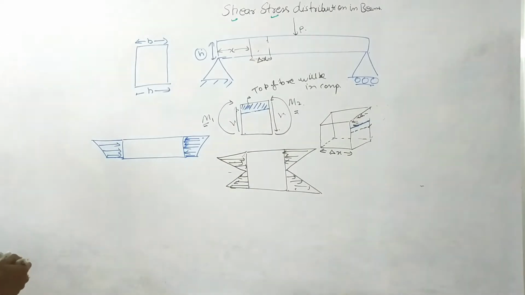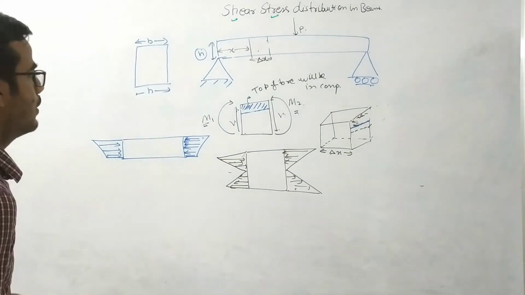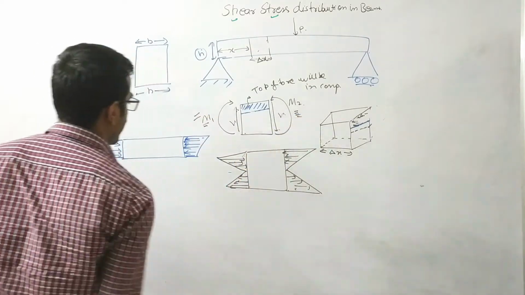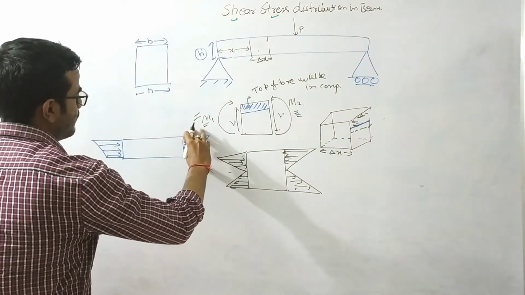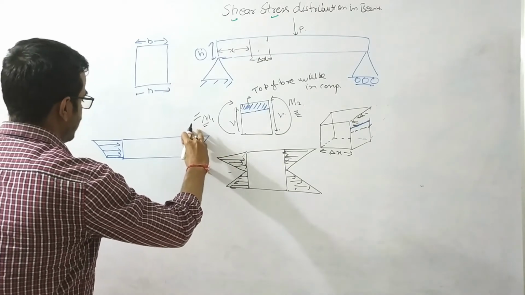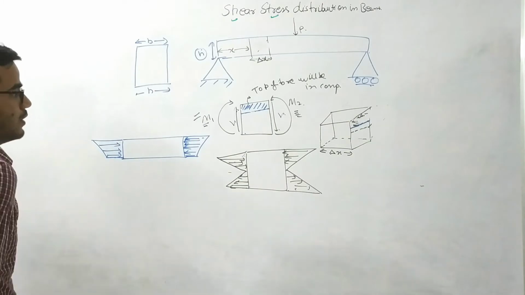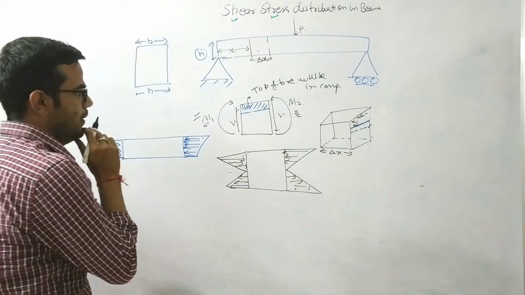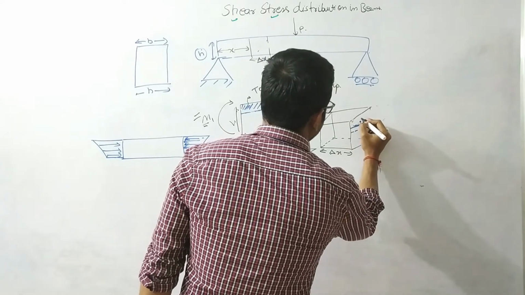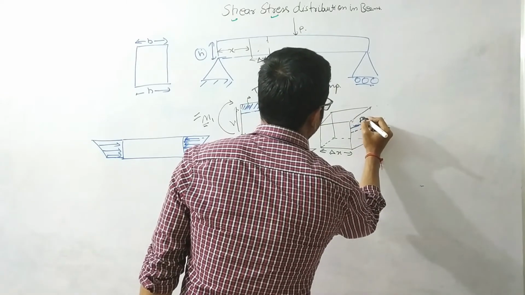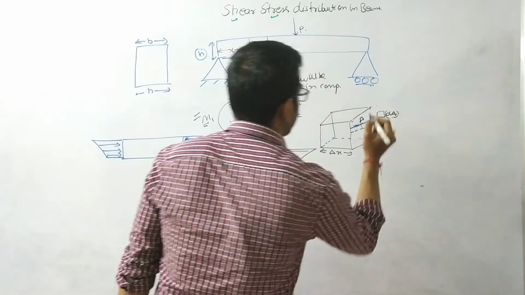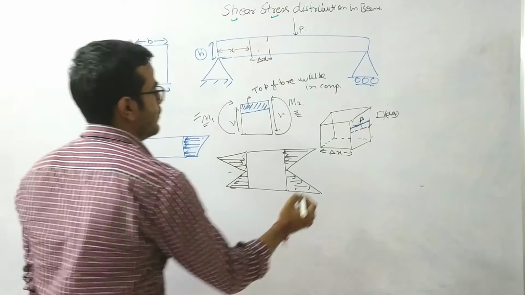I know that M1 is less than M2, so the force component of this stress will be more than this one. Now, at this cross section, at a distance of y, I'll consider one element whose cross-section area is dA.